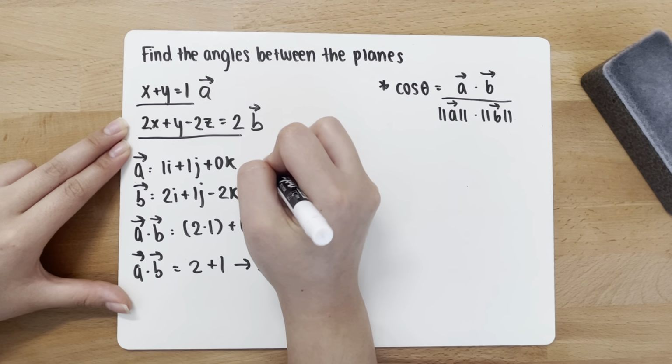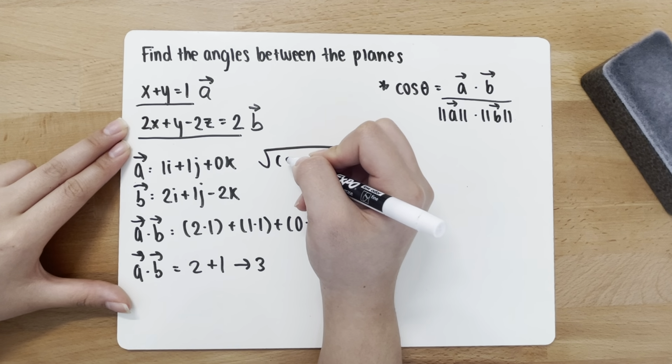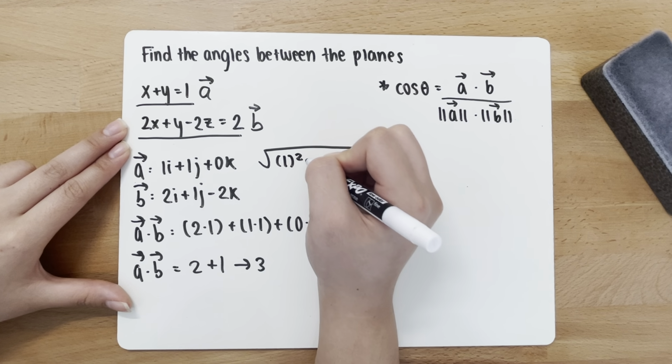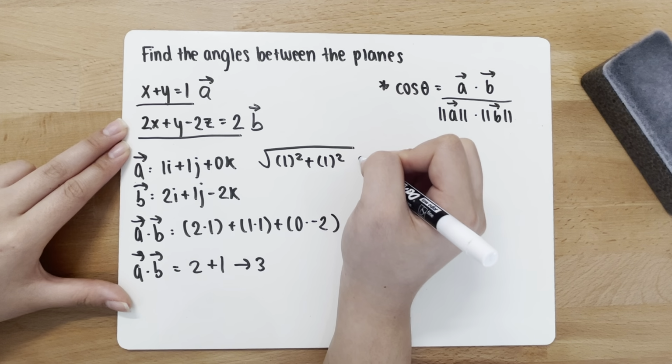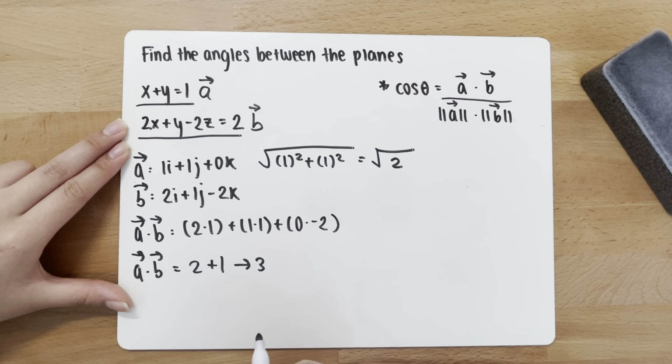To find the magnitude of A, you just find the root of 1 squared plus 1 squared, which is 2.